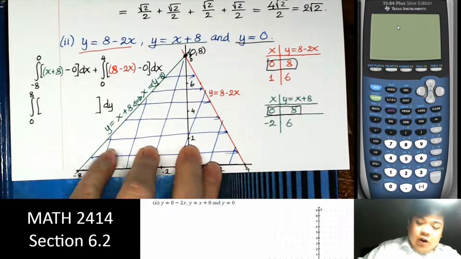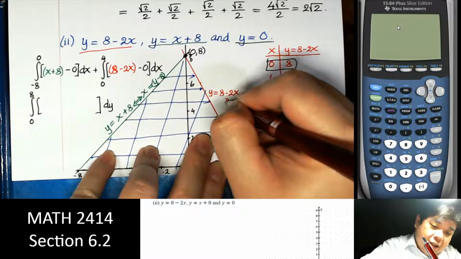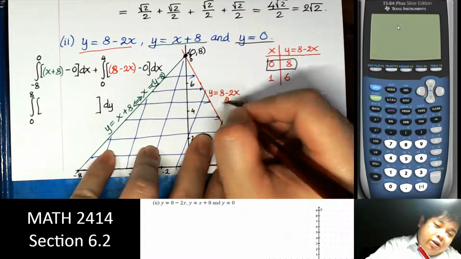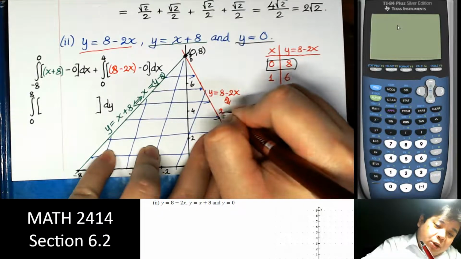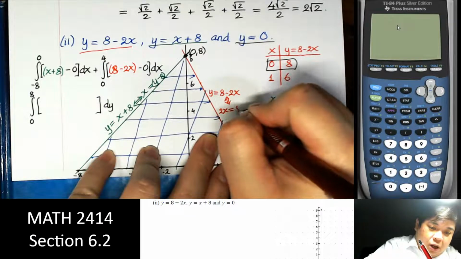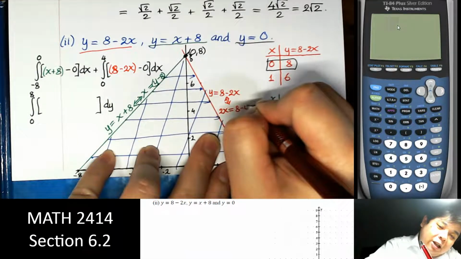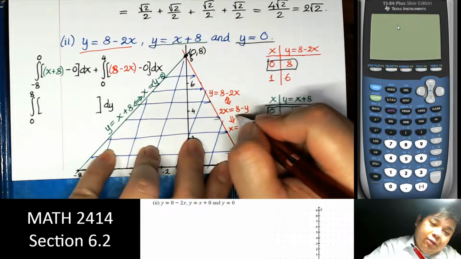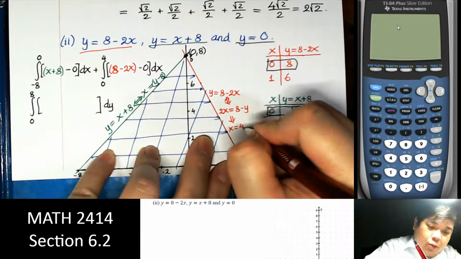The function on the right, if we solve for x, move the 2x over, so 2x equal to 8 minus y, or x equal to, divide by 2, 4 minus y over 2.